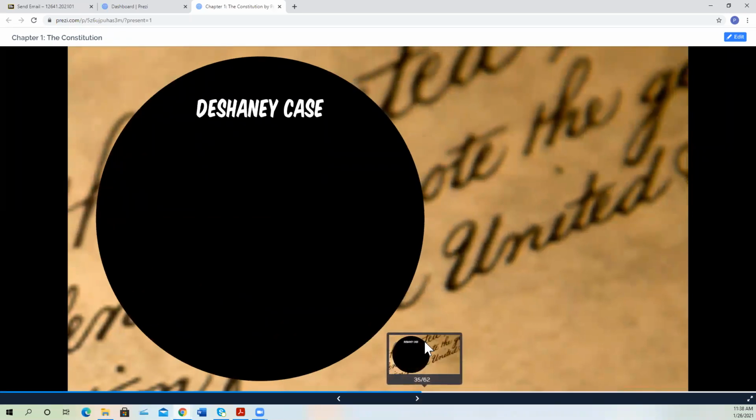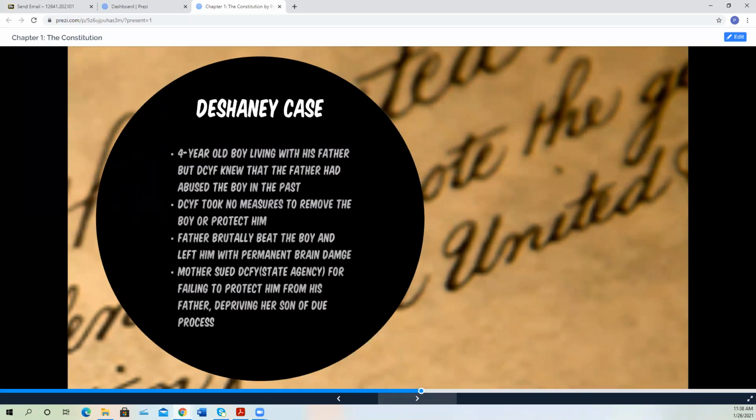And this was driven home by the DeShaney case. And if you're going to do the bonus question number 1, then this will be particularly relevant to that question. DeShaney is really a tragic case. There was a 4-year-old boy living with his father.